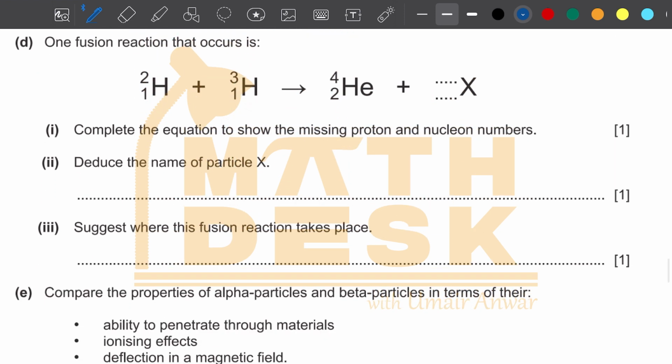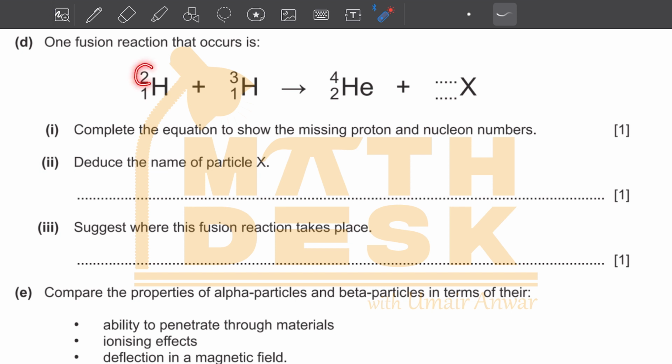One fusion reaction that occurs is hydrogen 2,1 combines with hydrogen 3,1 to give helium 4,2 and some other product. Complete the equation to show the missing proton and nucleon number. For the protons, we have one proton and one other proton in the reactants, and both are combined in helium, whose proton number is 2. So they are already balanced.